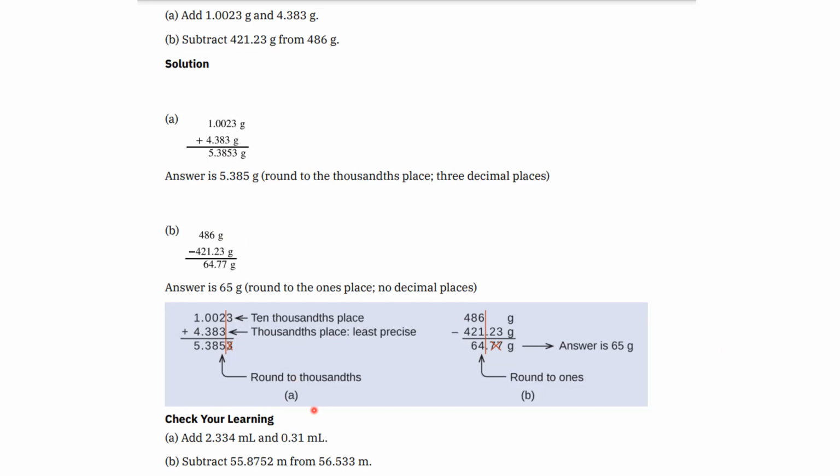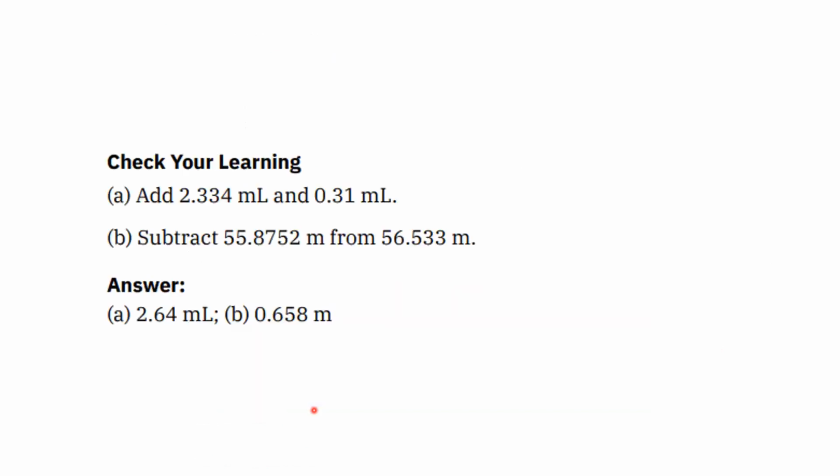But with A and B for the check your learning examples at the bottom, I'm just going to click to the next slide so we can see those. With A, 2.334 plus 0.31, that's going to give us 2.644. The red number that I just wrote here is the calculator answer.